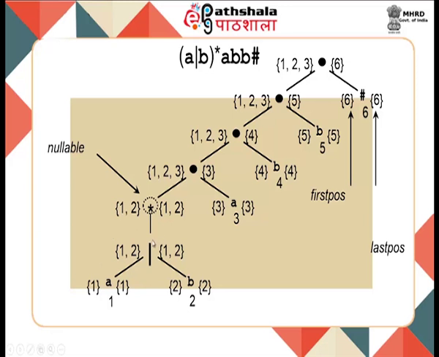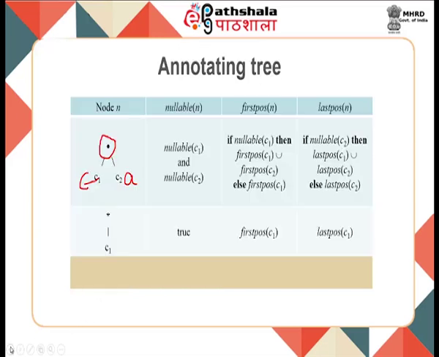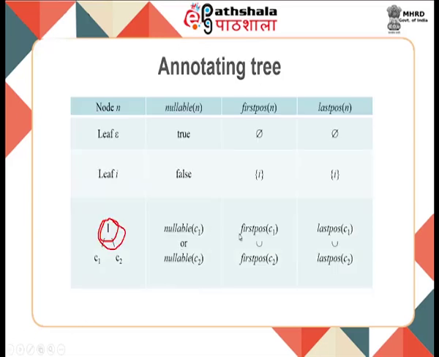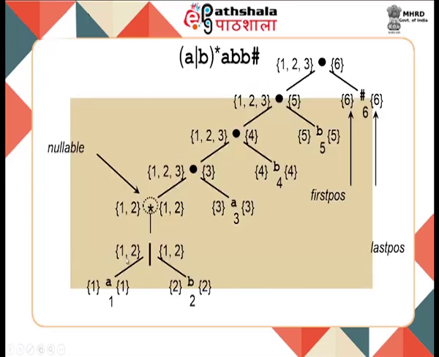Now the interior node, I have all operators possible here. For the OR operator it is very simple, if you remember that. It is simply first position of C1 union first position of C2 and last position of C1 union last position of C2. So here only one node is there. So this node's first position is 1, 2, this node's last position is 1, 2.